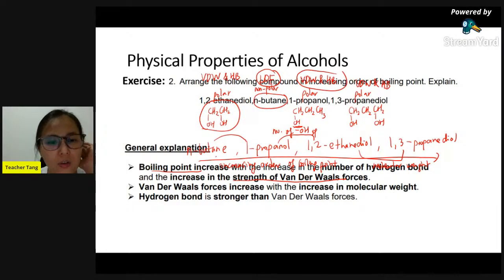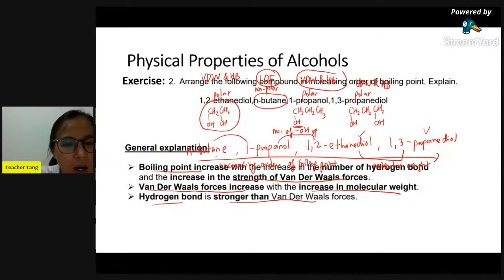And the van der Waals forces increase with the increase in molecular weight, so between ethane-1,2-diol and propane-1,3-diol. And hydrogen bond is stronger than the van der Waals forces. Therefore, 1-propanol has a higher boiling point than N-butane. So that is a general statement.